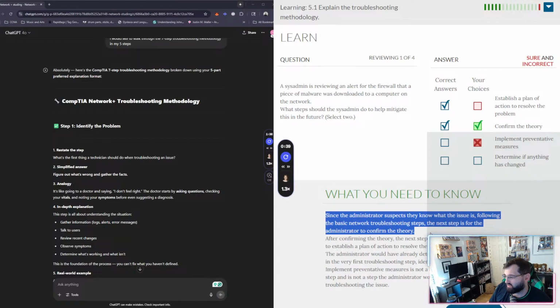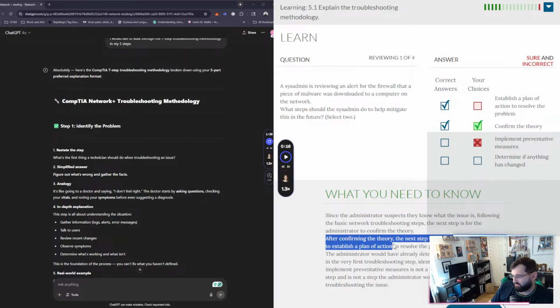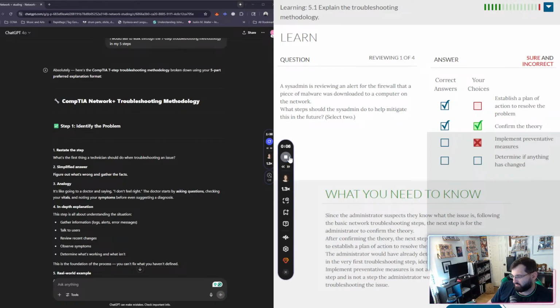Interesting. Let's see what it says. Since the administrator suspects they know what the issue is, following the basic network troubleshooting steps, the next step is for the administrator to confirm the theory. After confirming the theory, the next step the administrator would take is to establish a plan of action to resolve the problem. Okay. To mitigate this in the future.